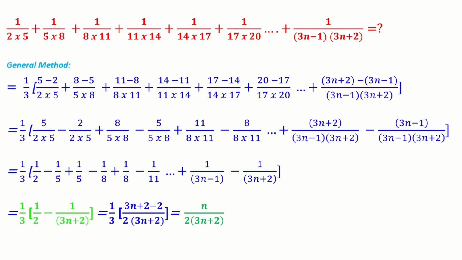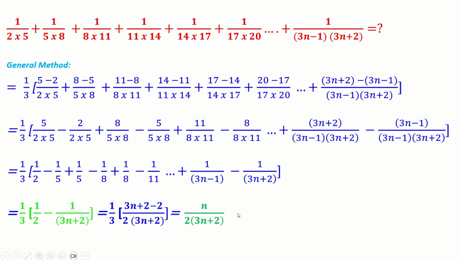So when you get such a series, you always put 1 by the difference, and in the bracket the terms are the first term, where in the denominator you take the least number, that is 2 in this case. So 1 by 2 minus 1 by 3n plus 2, the last term, the bigger number in the denominator. Directly you can use this expression and solve the problem.